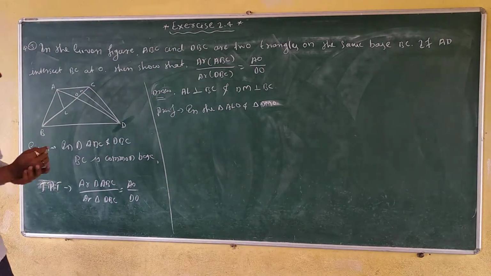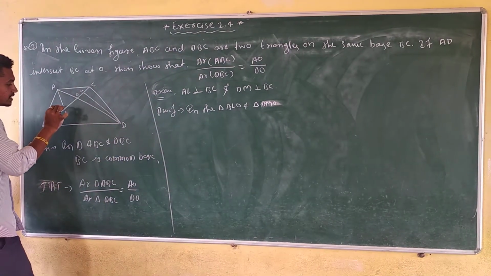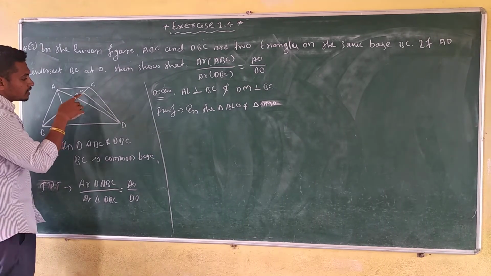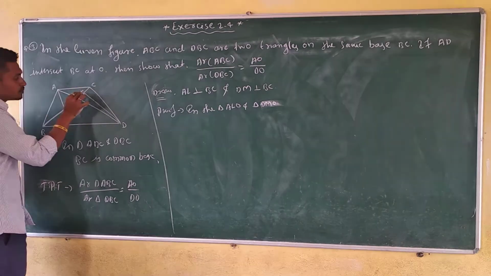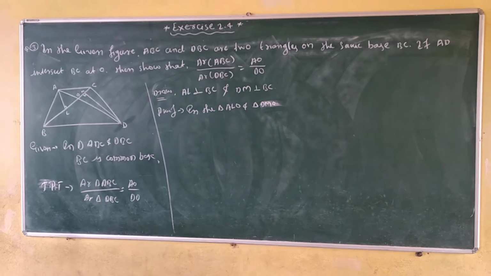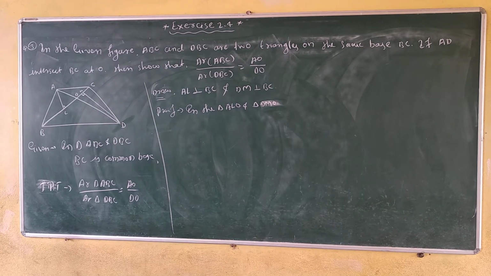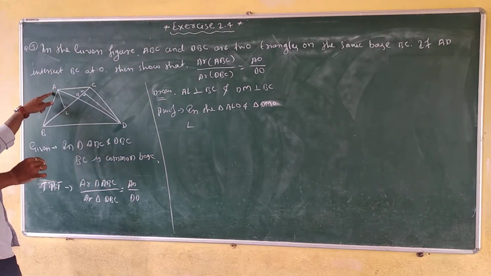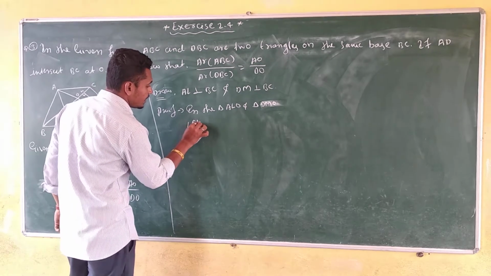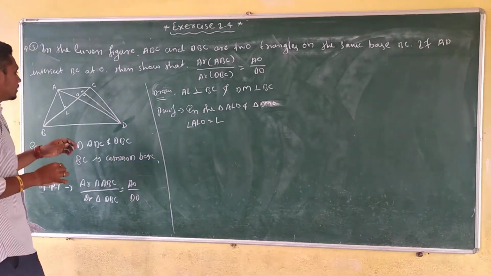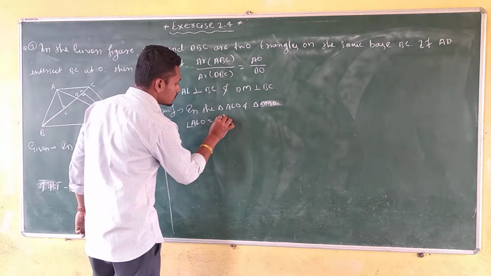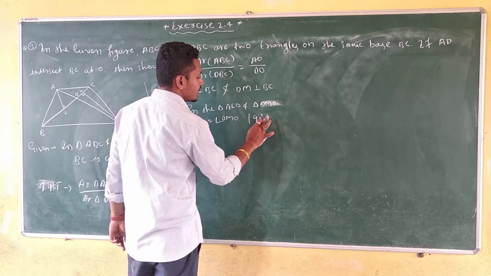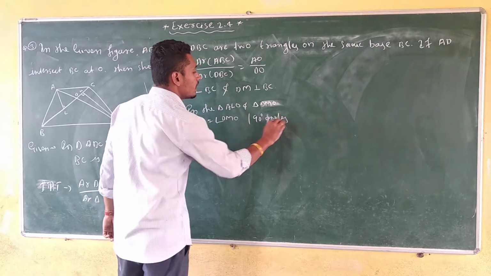Now see here, AL is perpendicular to BC, which means this angle is 90 degrees, and DM is perpendicular to BC, which means this angle is 90 degrees. So angle ALO is equal to angle DMO, because both are 90 degree angles.